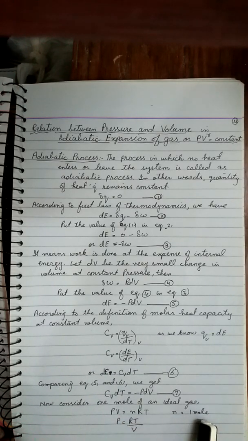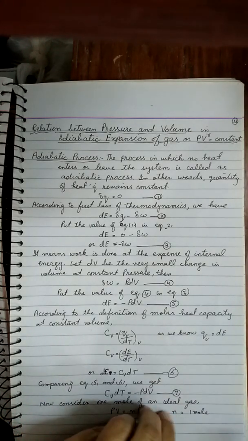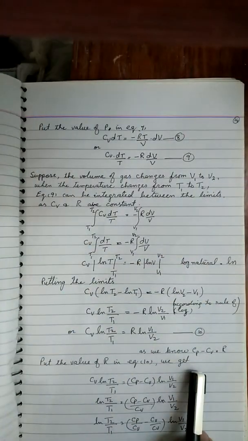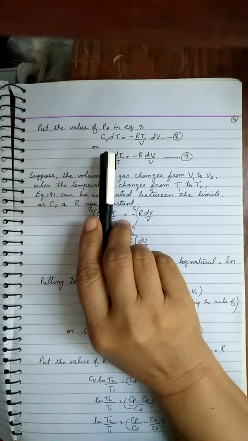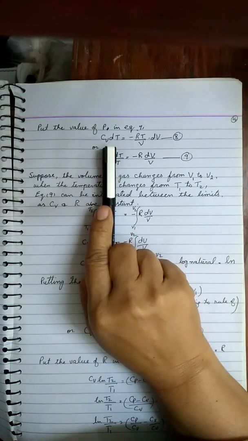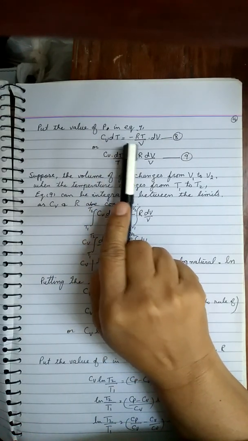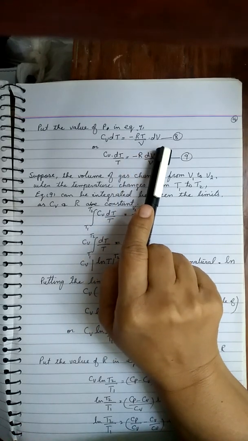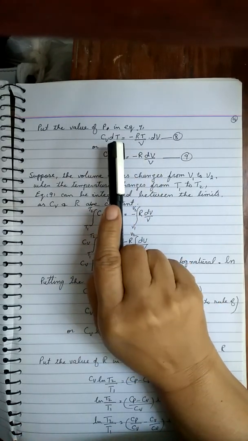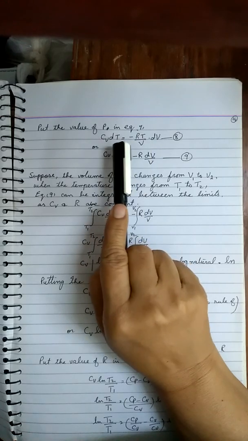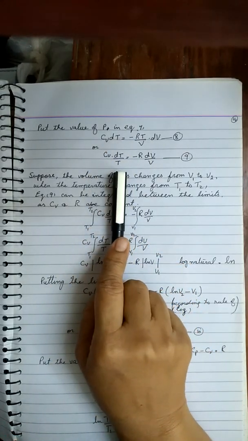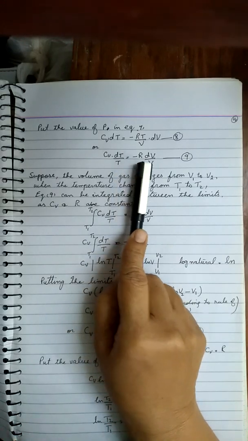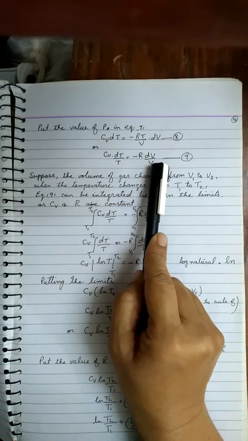When n is equal to 1 mole, P is equal to RT by V. Put the value of P in equation number 7. Then CV dT is equal to minus RT into dV. Bring this T to this side. So CV dT by T is equal to minus R dV by V.